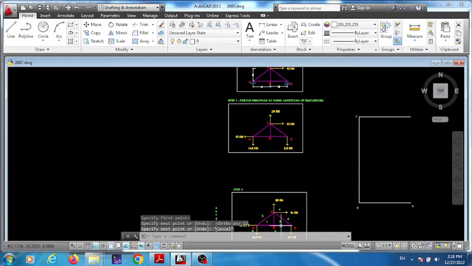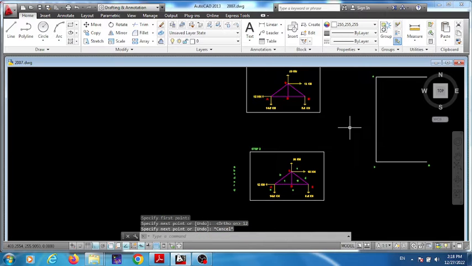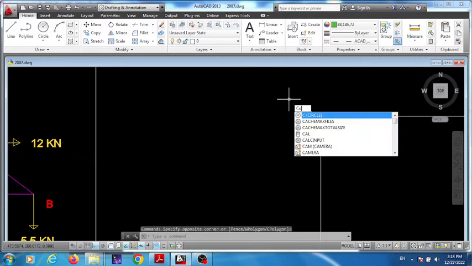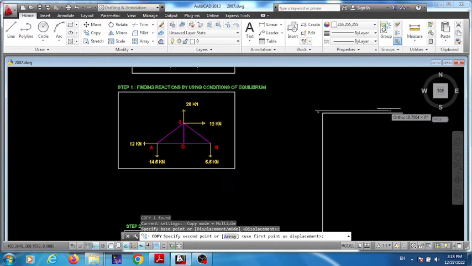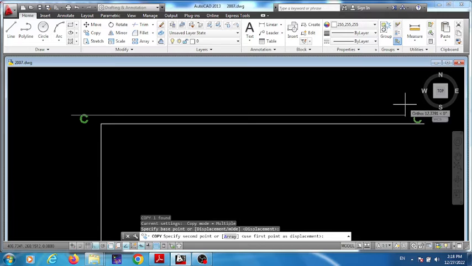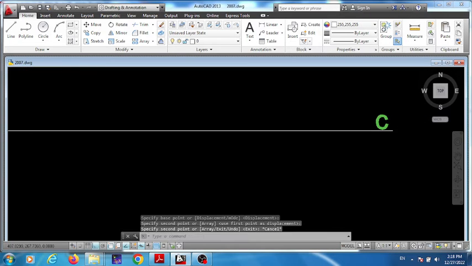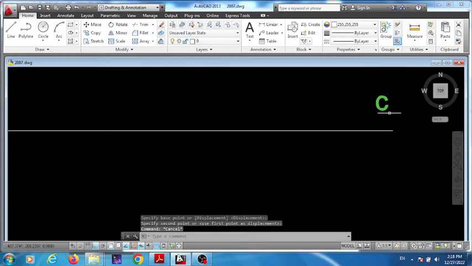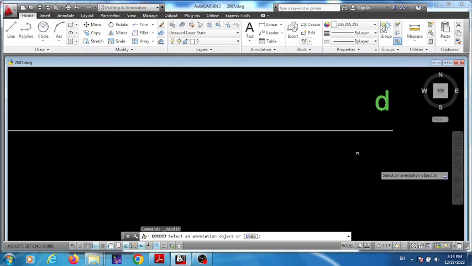So this will become C and D. Okay, so I will write this name here as D, because this line is in between C and D.